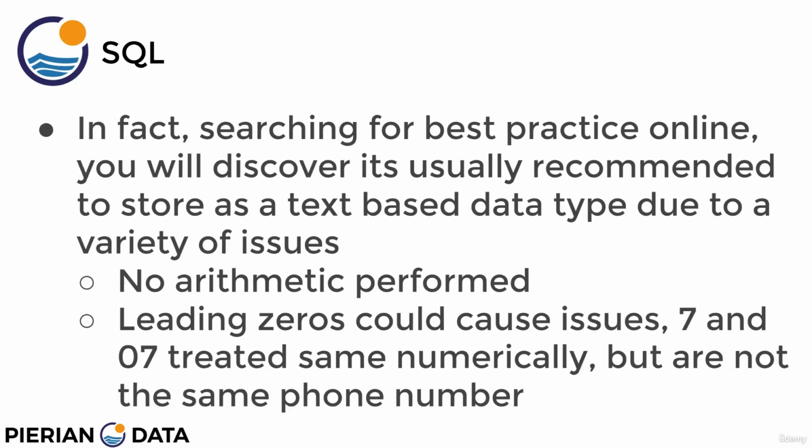In fact, what I would recommend you do is always search for best practices online. And you'll quickly discover, if you were to just Google search how to store phone number PostgreSQL, that it's usually recommended to store as a text-based data type due to a variety of issues. Like I mentioned, there's no arithmetic performed on a phone number typically. You're not adding 2 phone numbers together to get a new phone number.